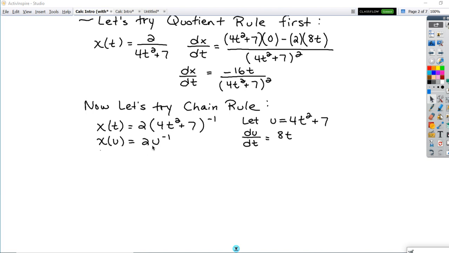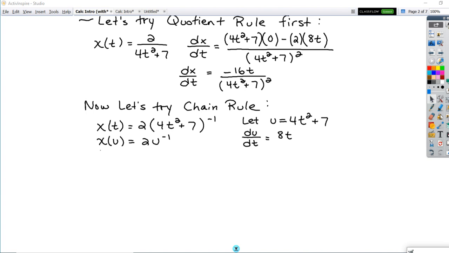That's a pretty straightforward power rule slash multiplier rule problem. But remember, the other derivative that we'll need is the derivative of u with respect to time. That derivative is 8t. The chain rule says we take the derivative of this and multiply it by this.